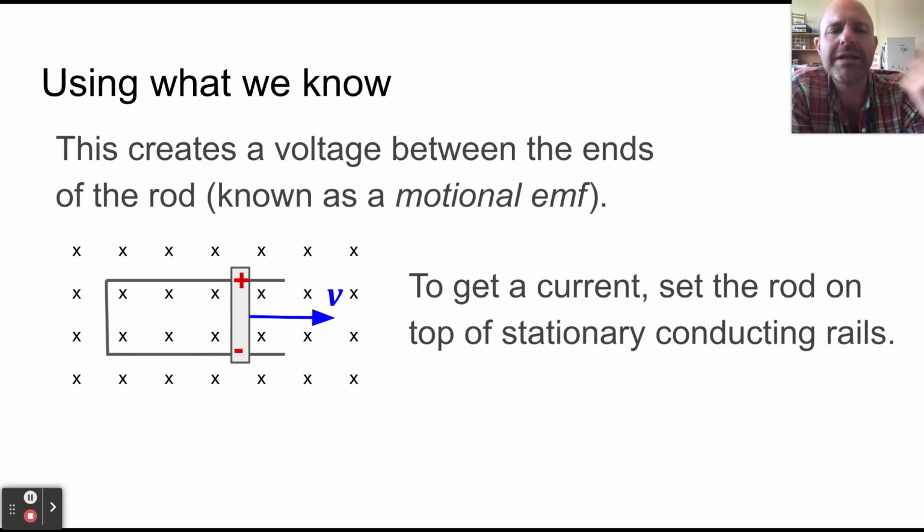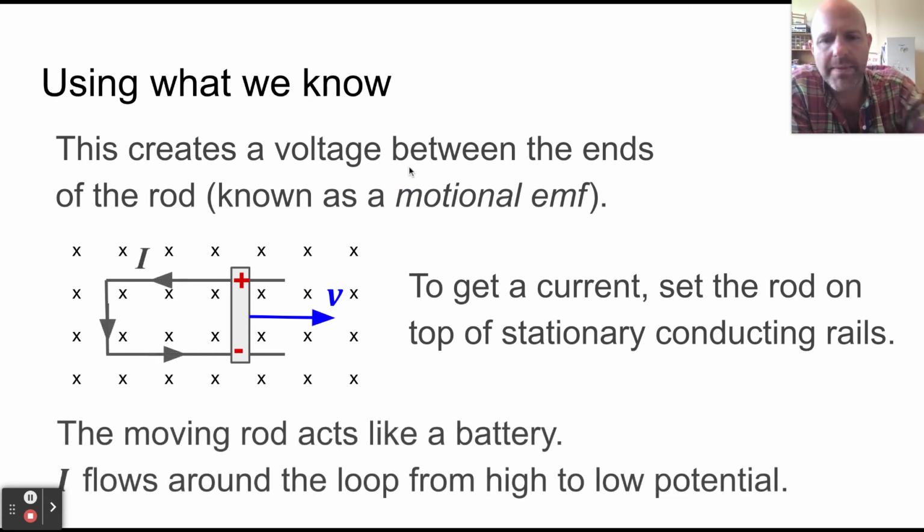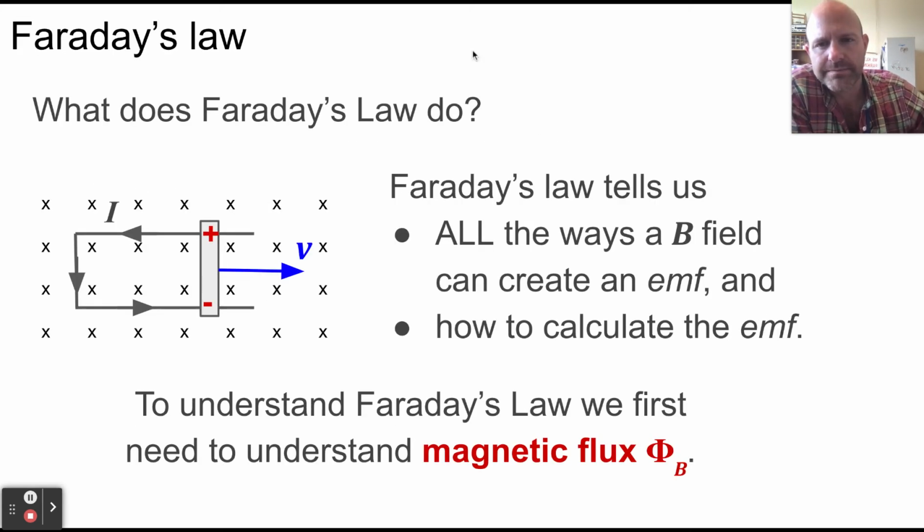To get a current, you need a path for the current to flow through. So you usually set up a U-shaped channel of a conductor, so that as the conductor moves and has this potential difference, this EMF, the current can run around through it, as in any circuit, from high to low potential. This leads us to Faraday's Law.